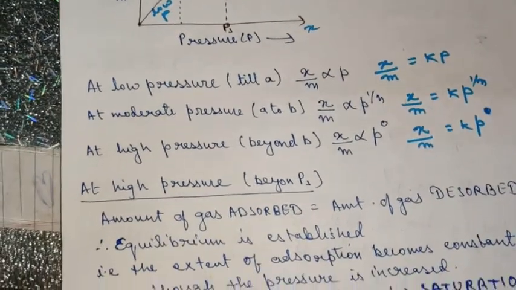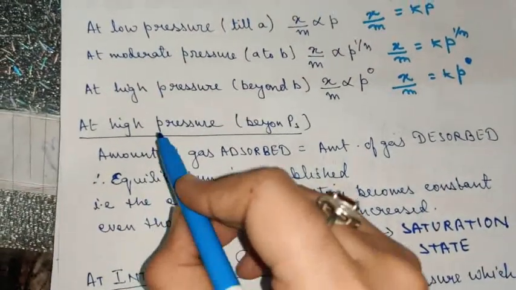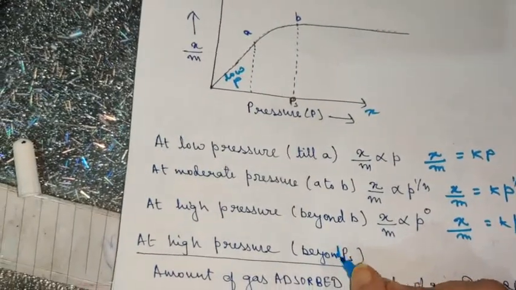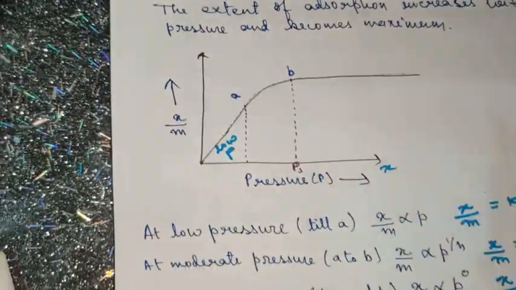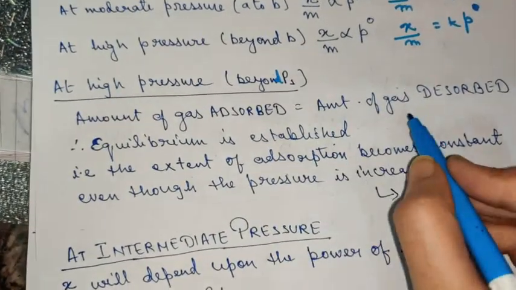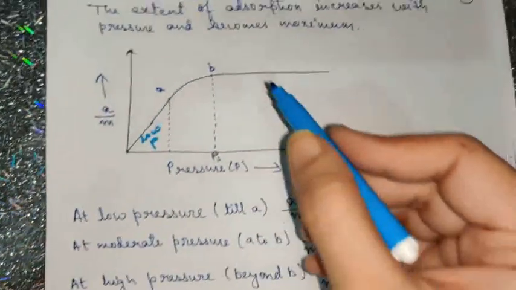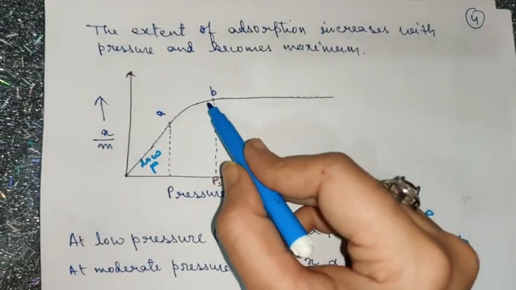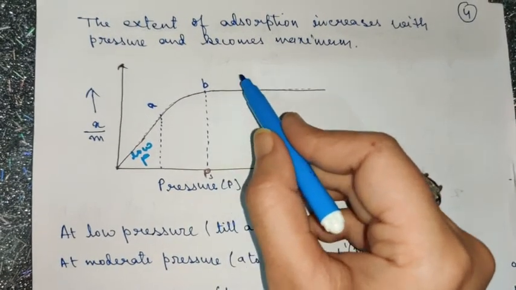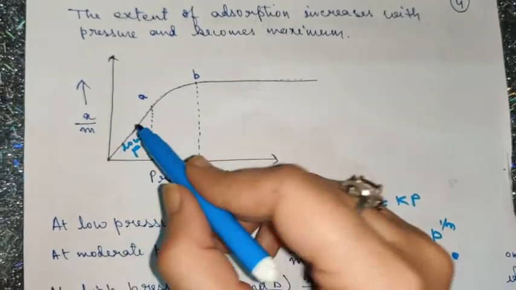Now further, you can see at high pressure beyond PS, this point is PS. What is happening? The amount of gas adsorbed is equal to the amount of gas desorbed, because at this particular point equilibrium is achieved. This is the maximum rate of adsorption. If you further increase the pressure, there will be no effect on the extent of adsorption.